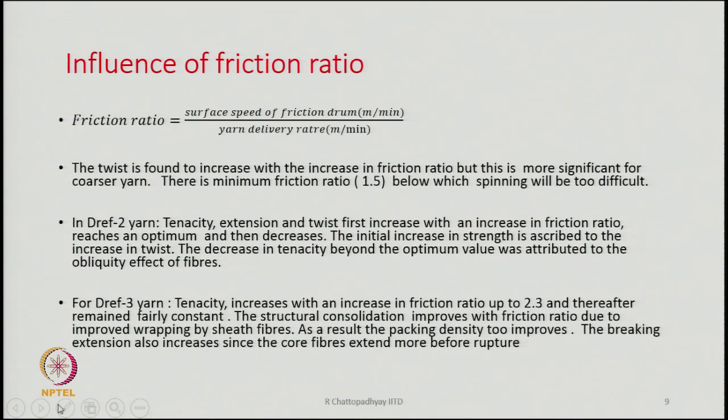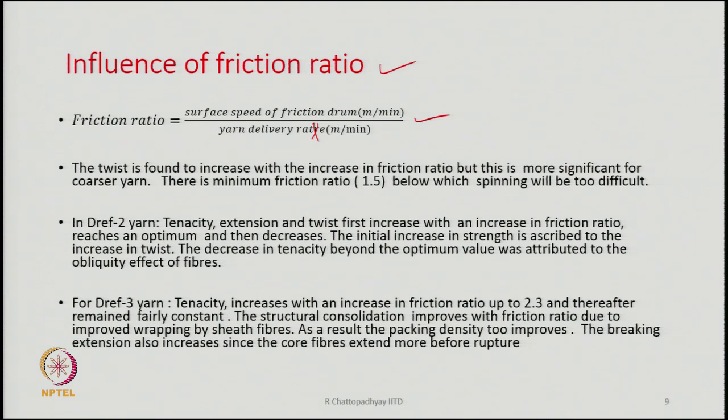The other process parameter which is important is friction ratio. Friction ratio is the ratio of surface speed of the friction drum divided by yarn delivery rate. So, the ratio of these two is friction ratio.